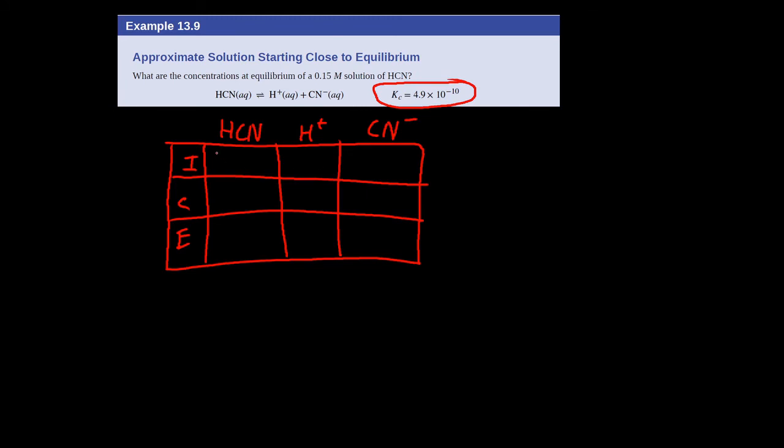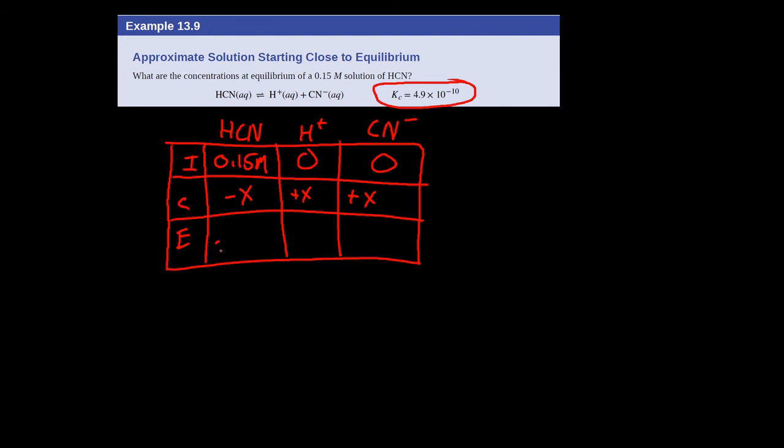We're told that we're starting with 0.15 molar HCN. We're not given any information about the products, so we're assuming we have none. Very standard procedure now, hopefully. We're losing some amount X of this and gaining the same amount of the other two things.